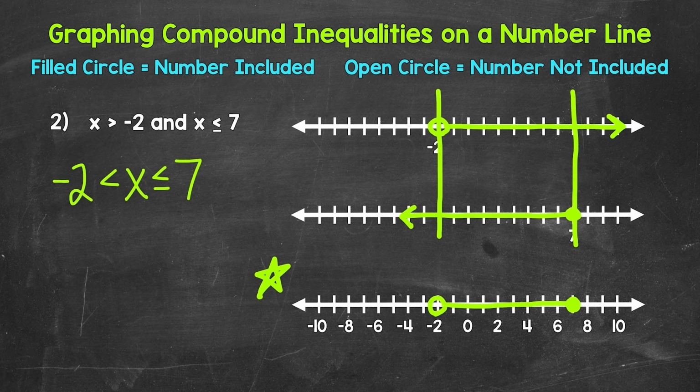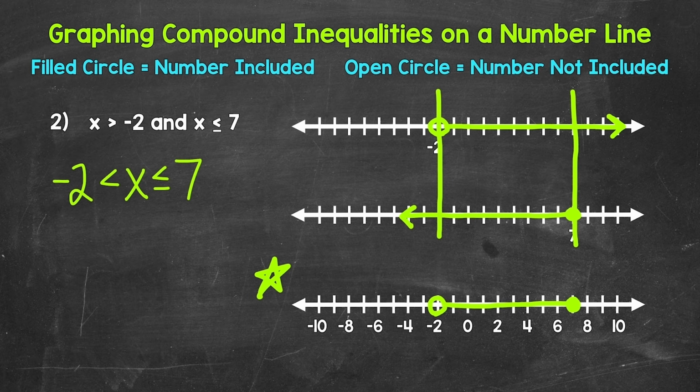So as far as solutions, some numbers that will work for x and make this compound inequality true, let's try a couple of numbers out. For example, will 3 work for x? Is 3 a solution? Well, is 3 greater than -2 and less than or equal to 7? Yes, so 3 is a solution. How about 10?